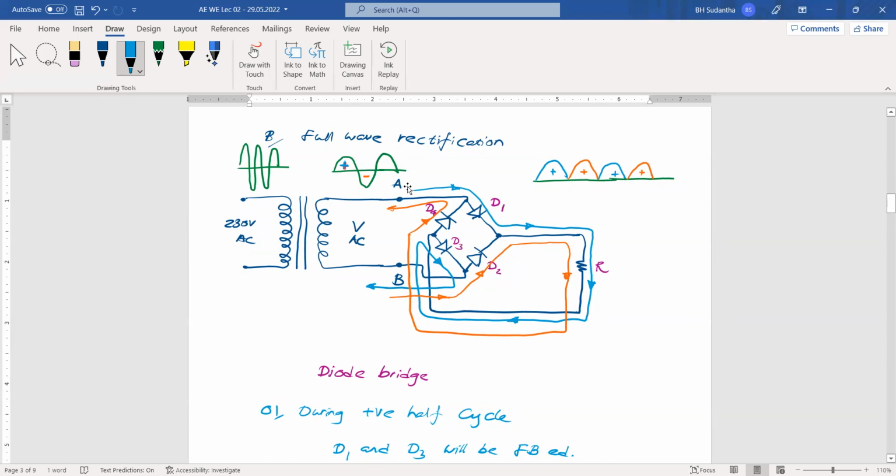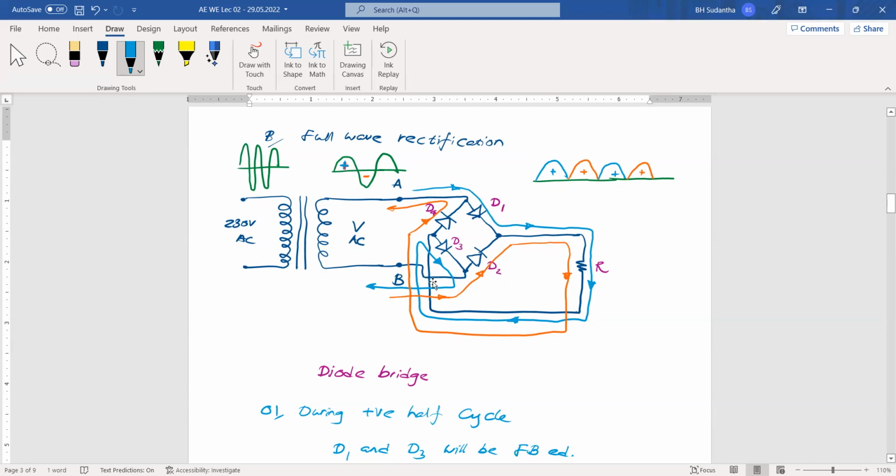But during the negative half cycle, when you consider point B with respect to point A, B is having positive voltage. That's why we can see this arrangement. During the negative half cycle, from point A, nothing is coming to the output side.